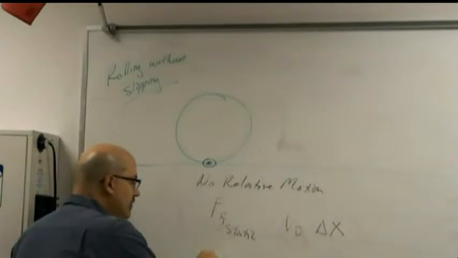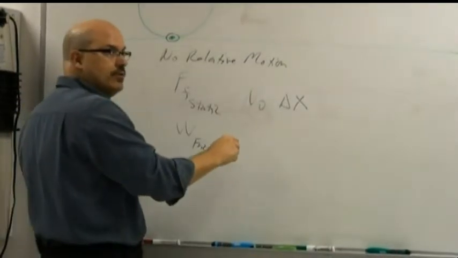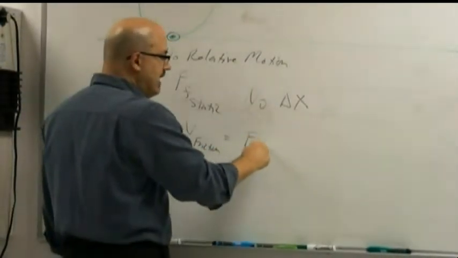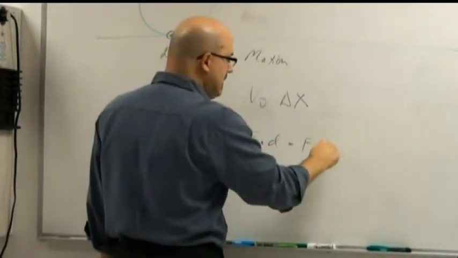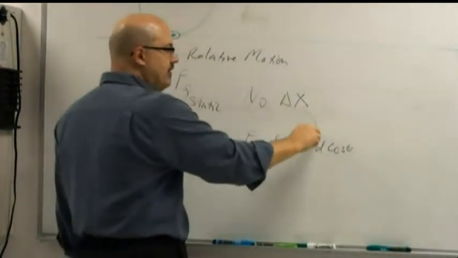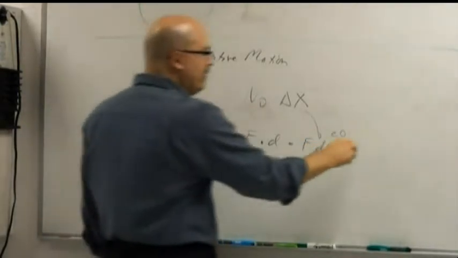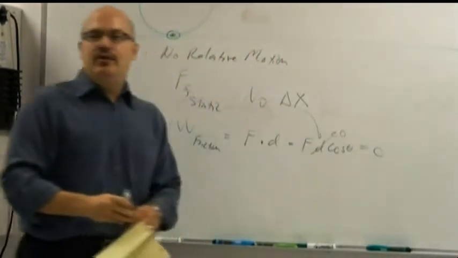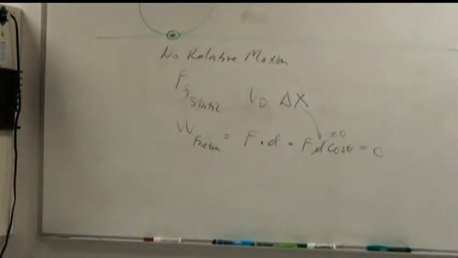So how much work does friction do? 0. Work, remember, is F dot d, or F d cosine theta, but our delta x, or d, is 0. So the work done by friction is 0. So in theory, a rolling object should roll forever.